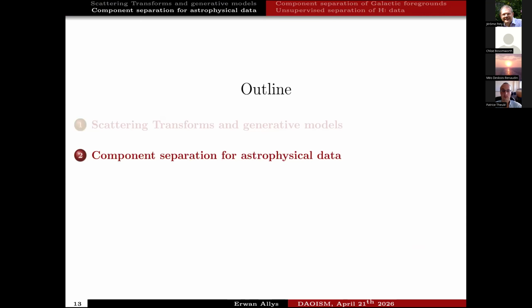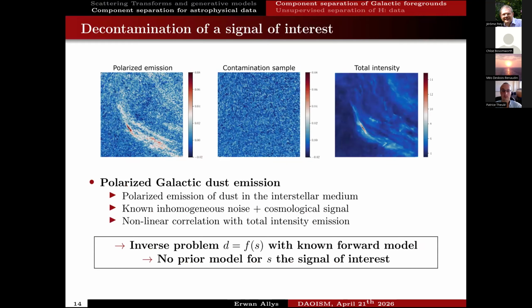So we arrive at component separation, and I come back to this first example that I presented. So, okay, here, polarized emission: we have the galactic emission plus a contamination that I know statistically, which is noise and CMB. And okay, it's a component separation. You can even write it in an inverse problem setting.